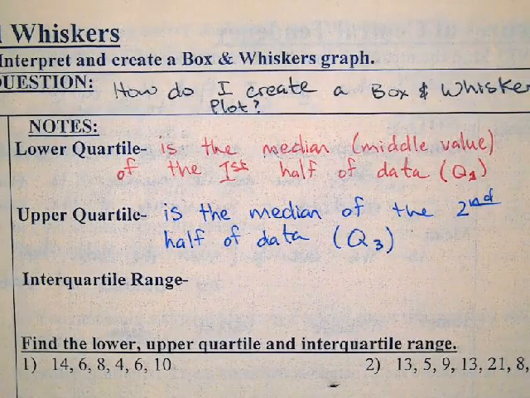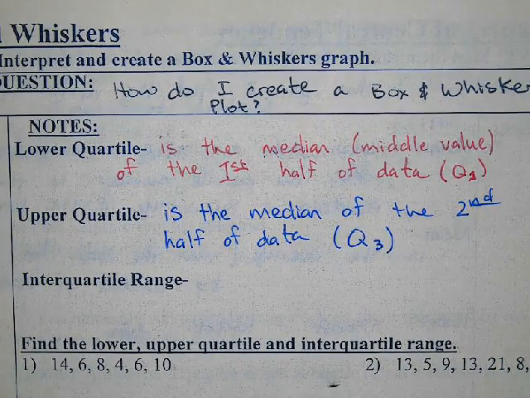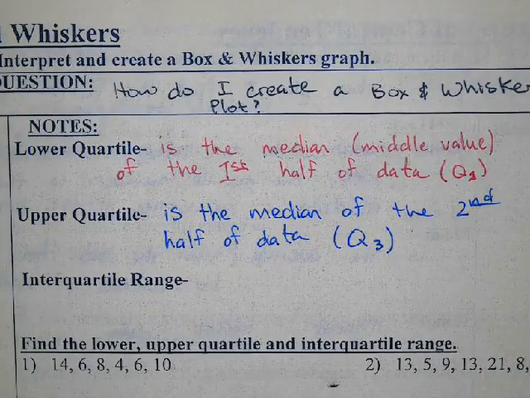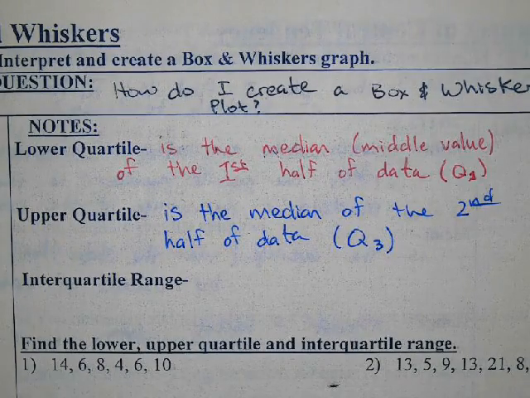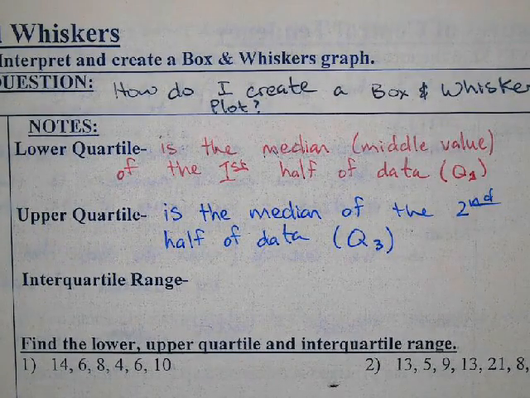So the lower quartile is Q1 and the upper quartile is Q3. Q2 will be the actual median of the whole data. So we'll look at that in a second.